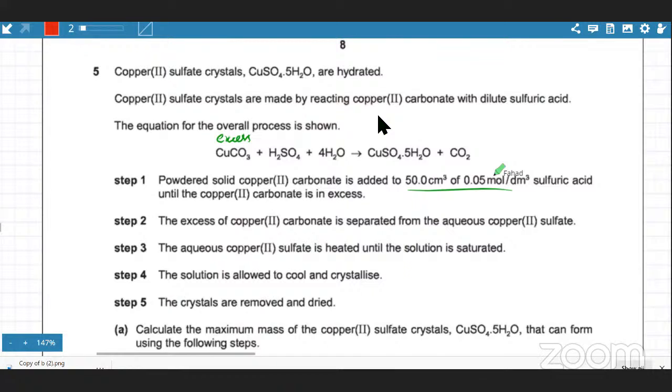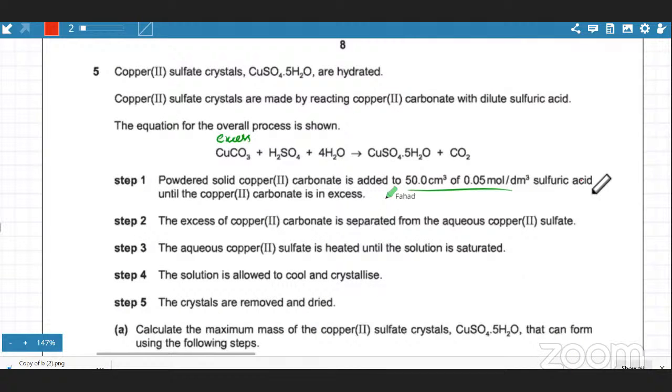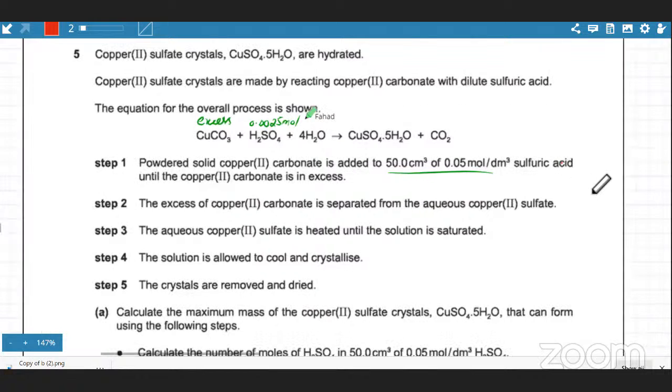So here's my calculator: 0.05, multiply that by 50, and then I need to divide that by 1000 because it should be in dm³. So I get 0.0025 moles. So let's go back. That means the sulfuric acid that's being added is 0.0025 moles.